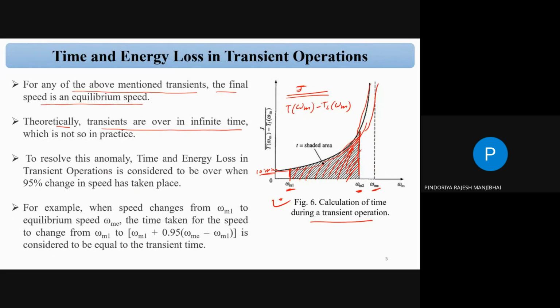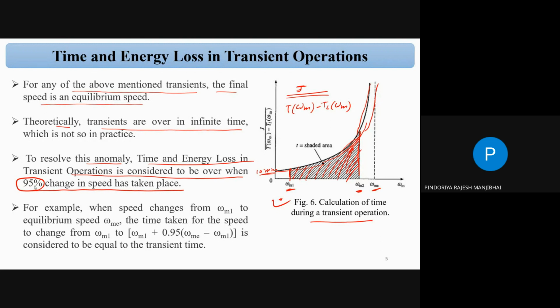To resolve this, the time and energy losses in the transient operation are considered over once 95% change in the speed has taken place. At this 95% we can consider the motor to be in a stable condition and the transient period is over.